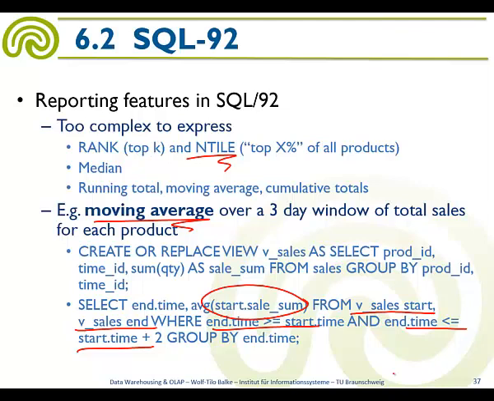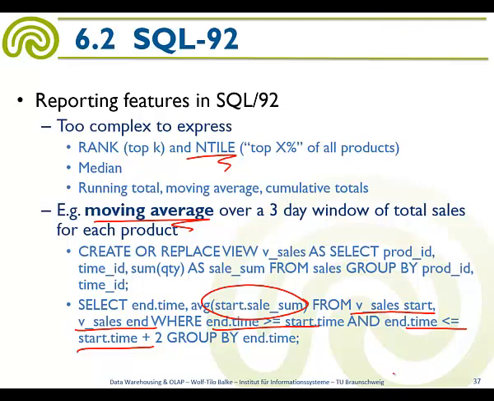So you build a view, then you do a self-join that does the 3-day windows by always taking dates that are 2 days apart, right? And then you aggregate them manually. I mean, you all know SQL, you all heard RDB1. Who would have thought of that query immediately?